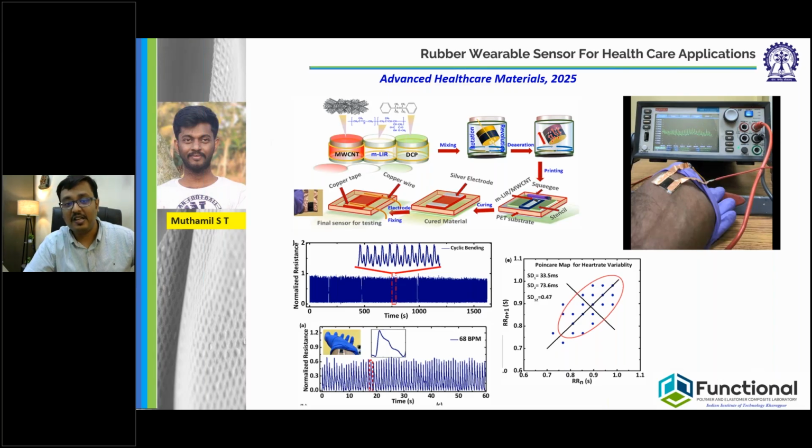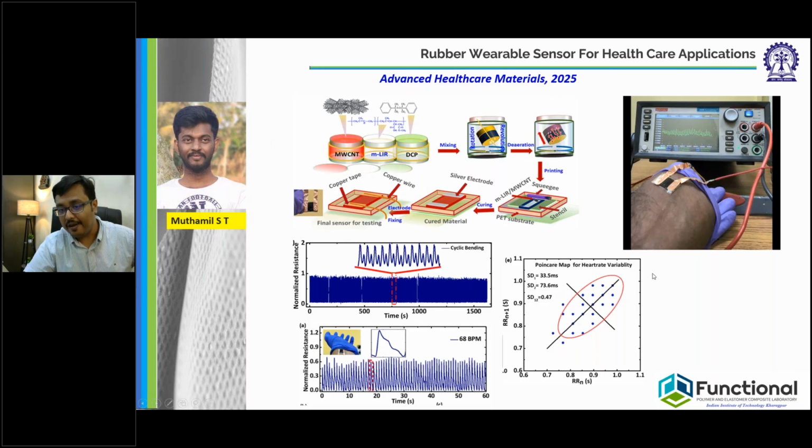whether the person is at the onset of any particular cardiovascular disease or not, because in many cases cardiovascular disease starts with this arterial stiffening. What they face in that initial disease is that the artery becomes very stiff, and from this particular case, through algorithm fitting, you can do a Poincare map for heart rate variability.